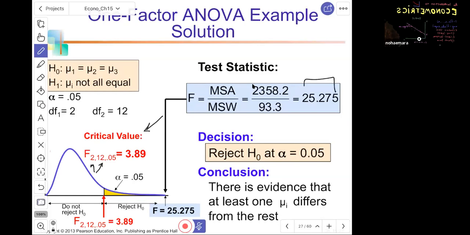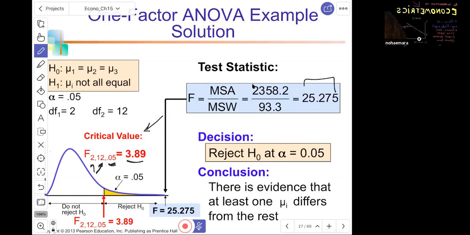Then you have the 5% significance level. You check the table and you get 3.89. Just notice that in this question we have a very small sample, so we didn't use the infinity approximation. You can just take the numbers as you see them from the table, not from the infinity row.